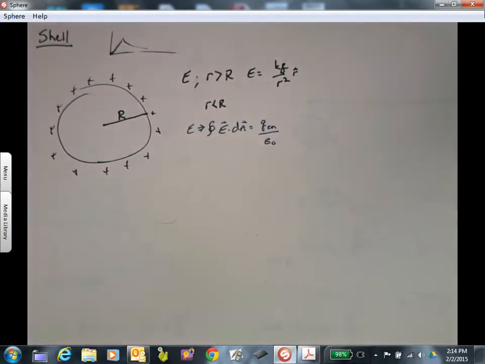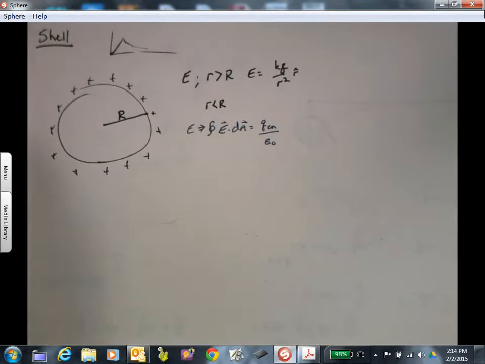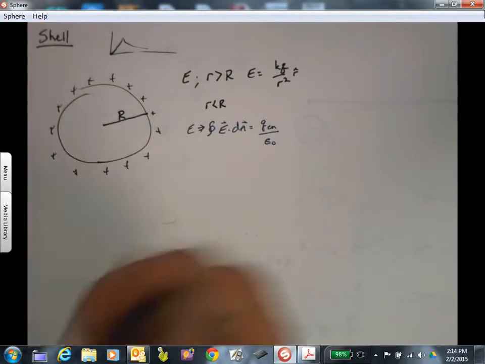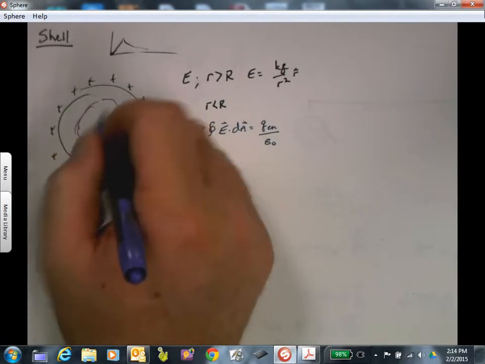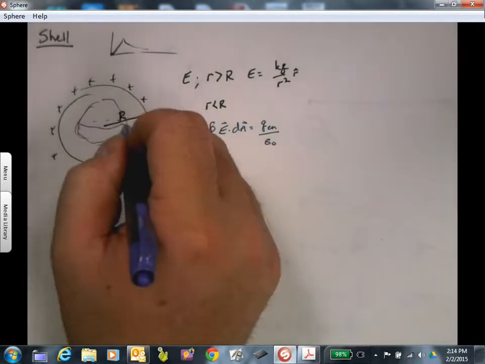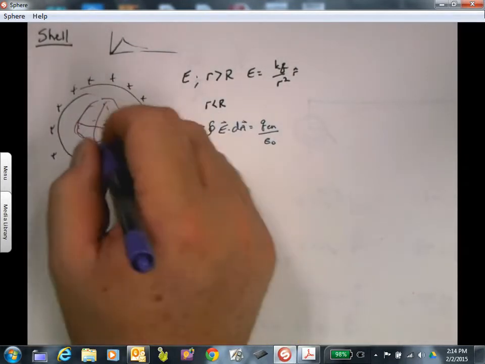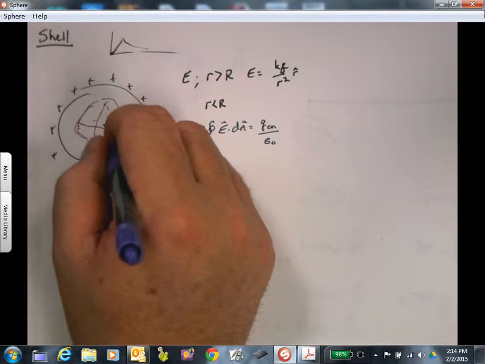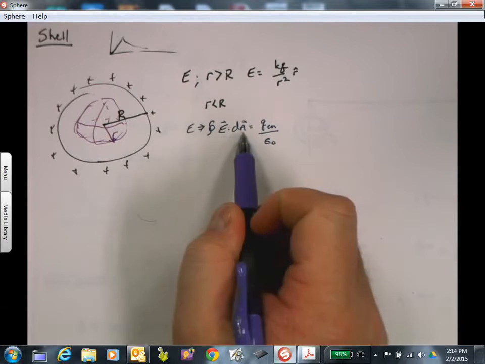So let's draw the sphere in here. There's our sphere, a really poorly drawn sphere, but that's okay. And this is little r. The surface area of our sphere is going to be 4 pi r squared.